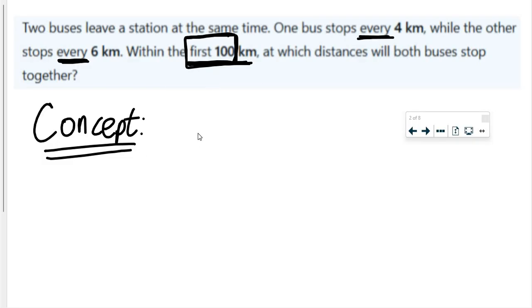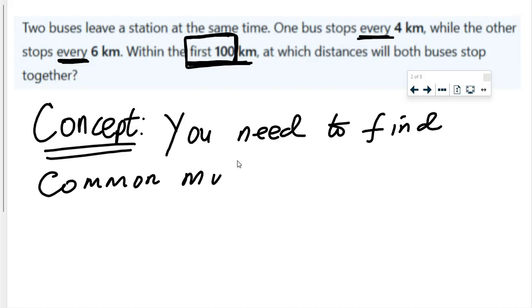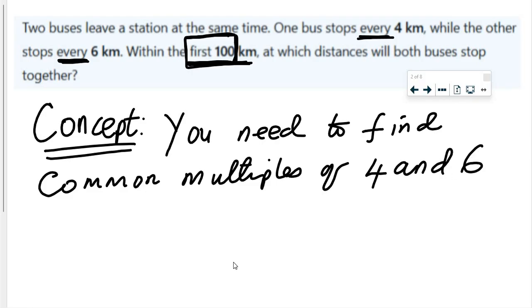Now, you need to find common multiples. So here, the concept is you need to find common multiples of 4 and 6, but you should not exceed 100.